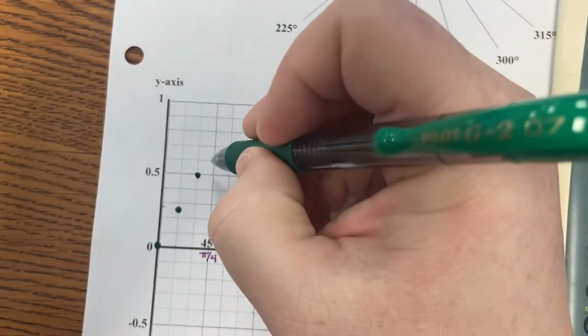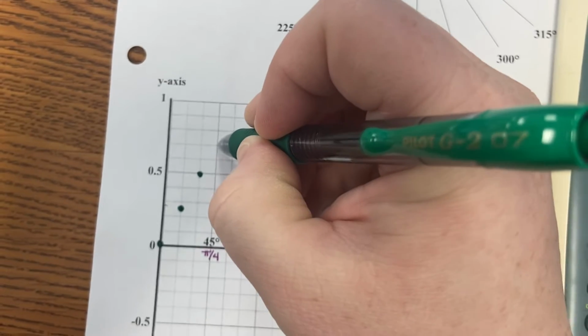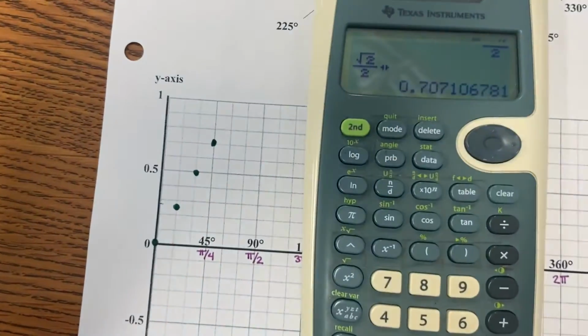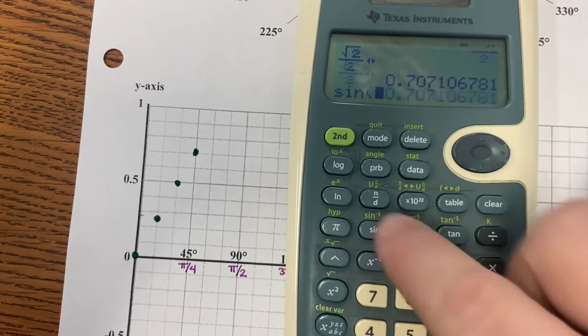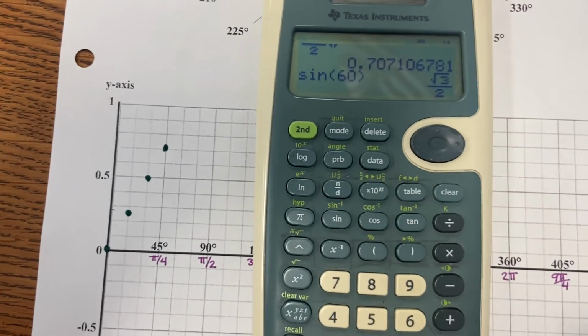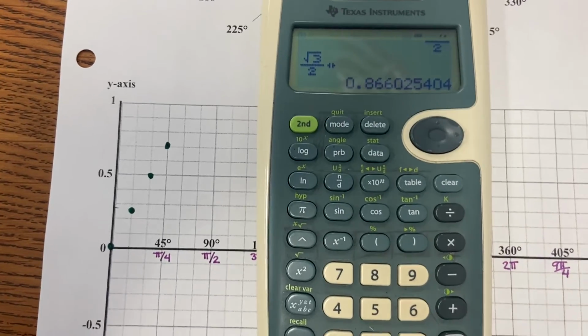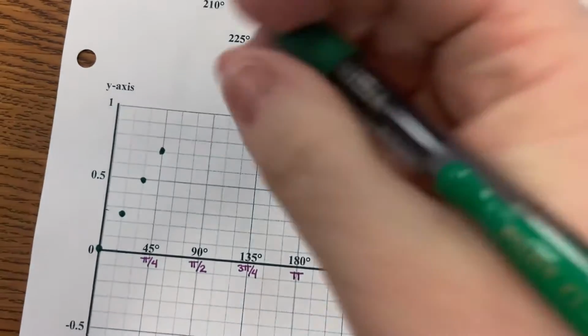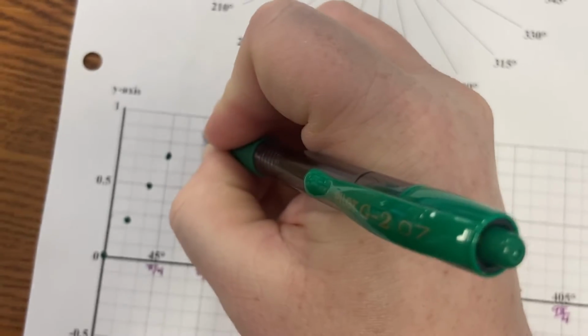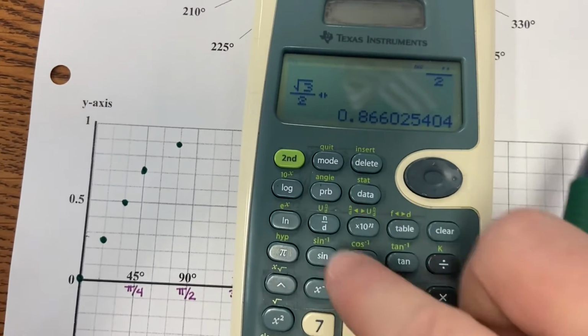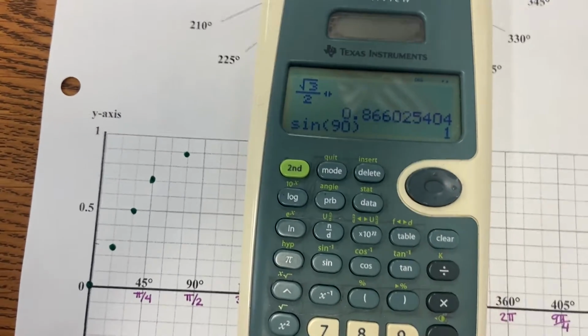So 0.7-ish would be right about here. And then I'm going to go on to the 60. So the sine of 60 gives me approximately 0.9-ish, so just a tiny bit under the 0.9. And then the sine of 90 would be 1.